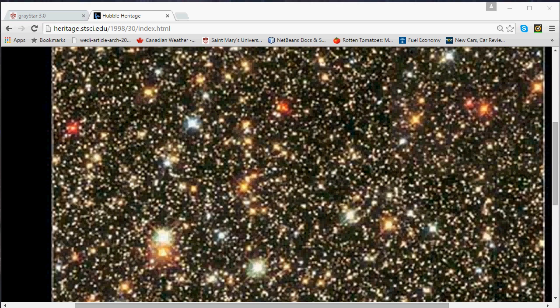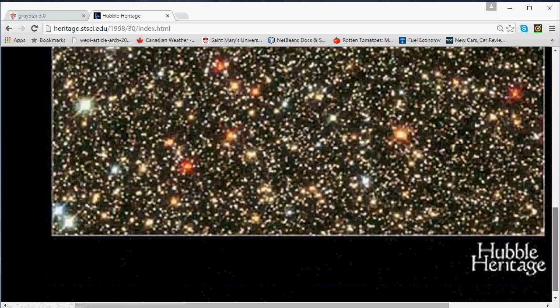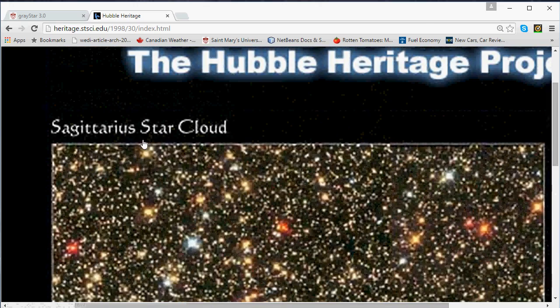You could show students an image like this one, either using a classroom data projector or having students look at the image themselves on their own classroom PCs or tablets or whatever they're using. The important thing is that you give them an image that shows very clearly that stars come in distinct colors. And so a star field image from the Hubble Heritage Gallery would be a good choice. In fact, the Sagittarius star cloud would be a good choice.